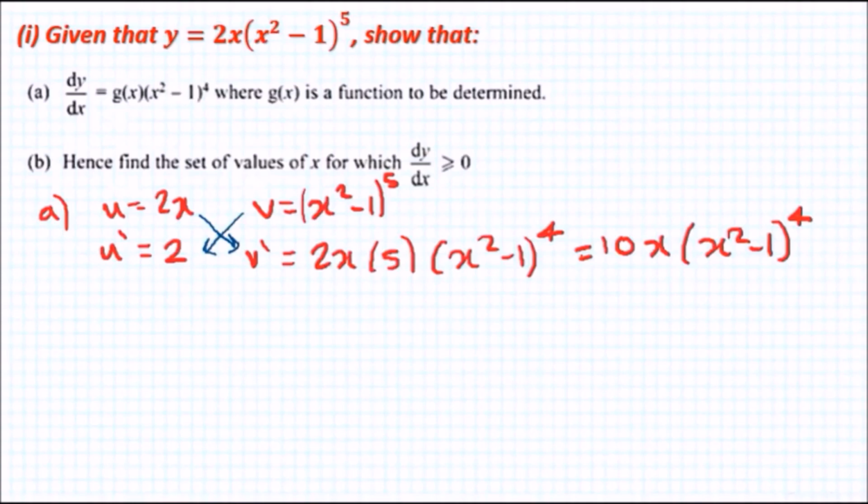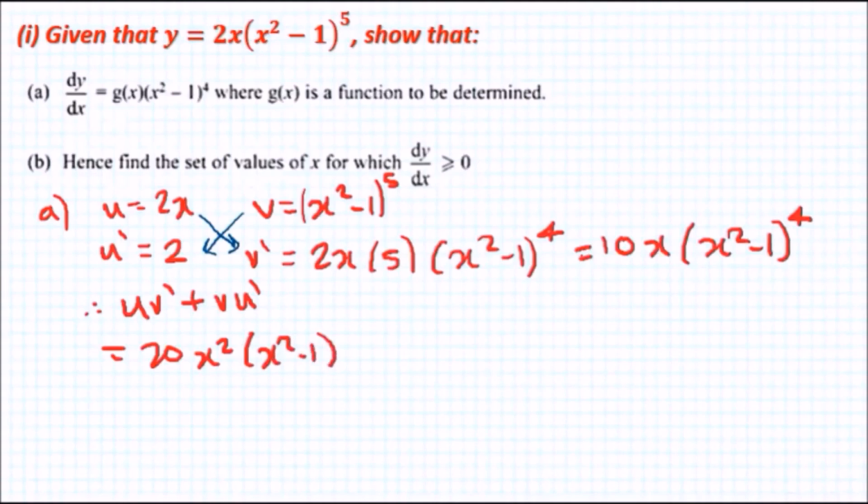So the final solution is uv prime plus vu prime is going to equal to 2x multiplied by this function here, so 2x times 10x will give us 20x squared, bracket x squared minus 1 to the power 4, plus, now next one, v times u prime, so this quantity times 2, we just literally glue together to get 2 times x squared minus 1 to the power 5.